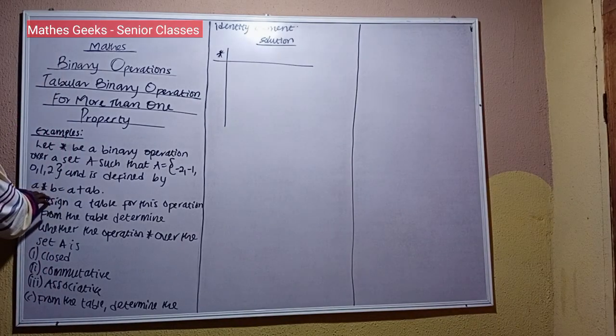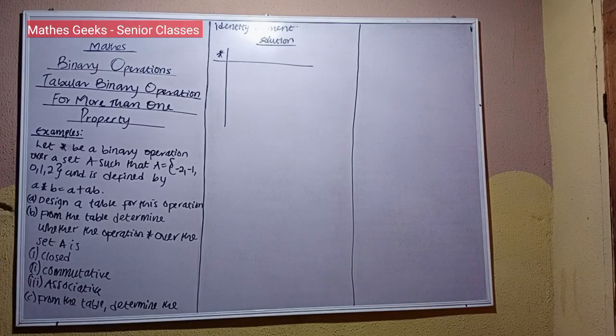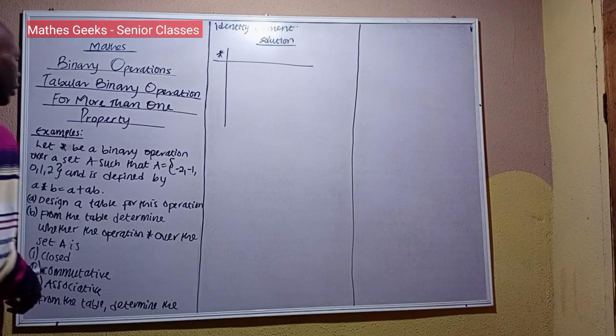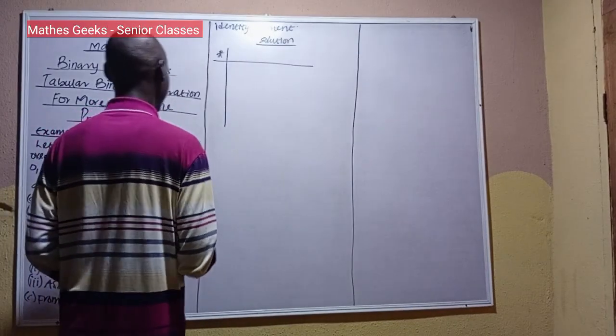This operation is defined on set A, and the elements or members of set A are -2, -1, 0, 1, 2.